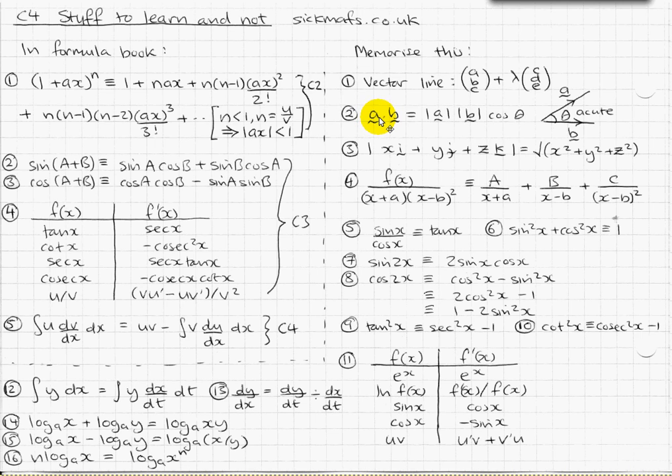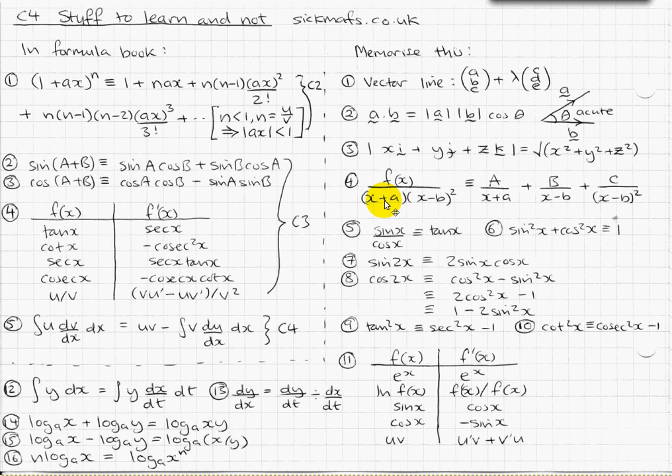Anyway, so A dot B means the dot product, which obviously I explained in the vector section of the C4 book that I've written, is equal to the modulus of A times the modulus of B times cos theta, where theta is the angle between the two vectors A and B. We've just talked about this really. The modulus of this is basically that, yeah, very simple, and of course that is derived from Pythagoras.